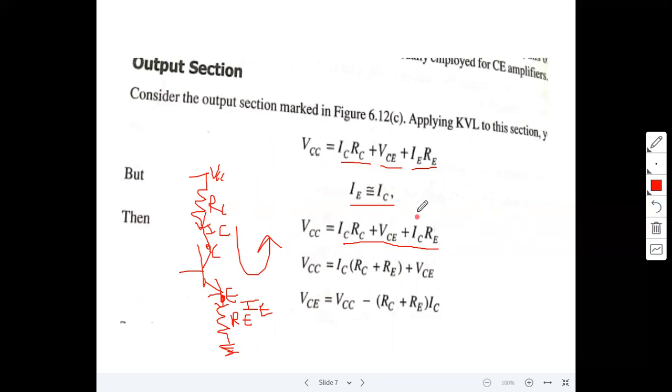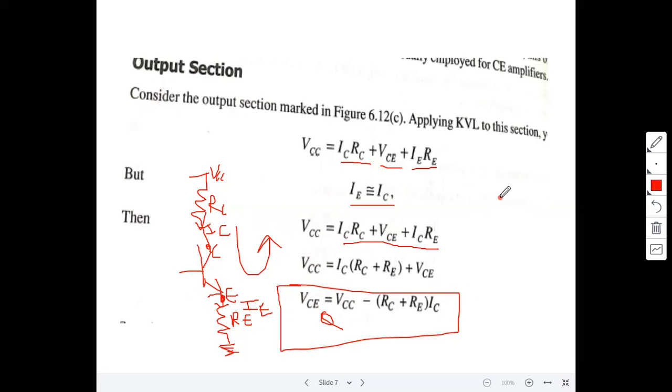Here in this case also we are neglecting the base current, right? Now VCC is equal to, taking IC common, IC times RC plus RE plus VCE. From that, VCE is equal to VCC minus RC plus RE into IC, right? Now this is the VCEQ.